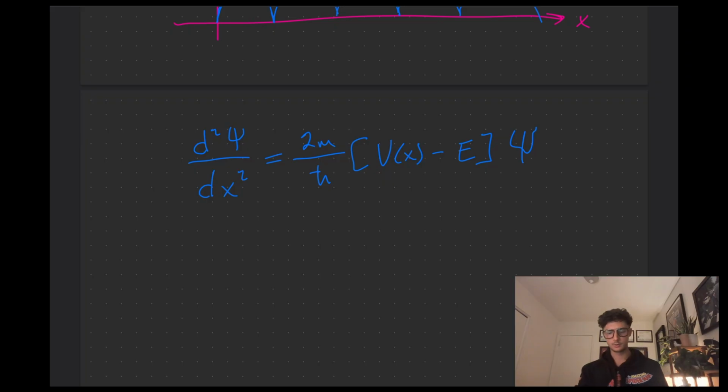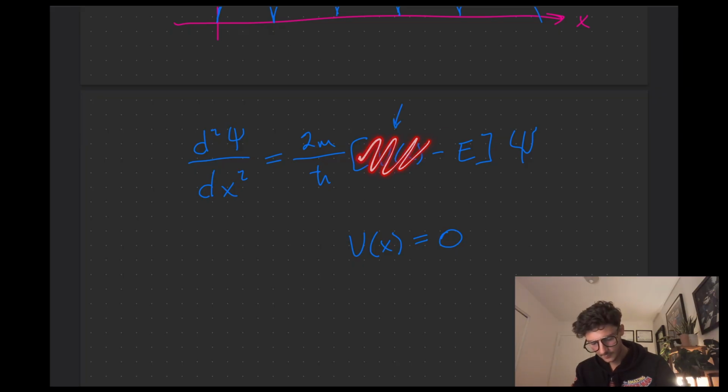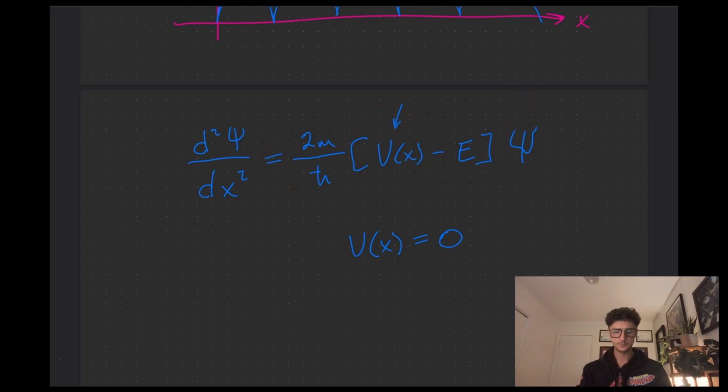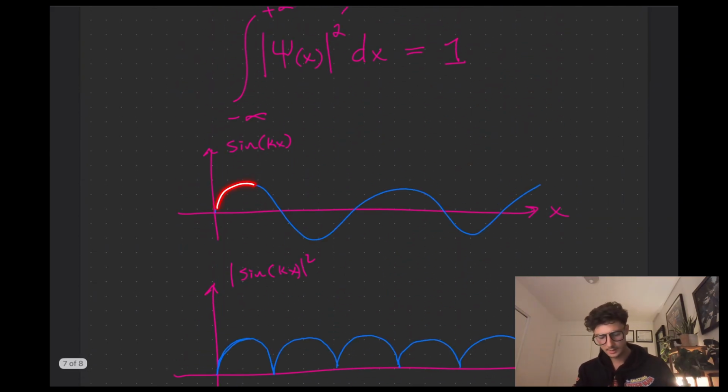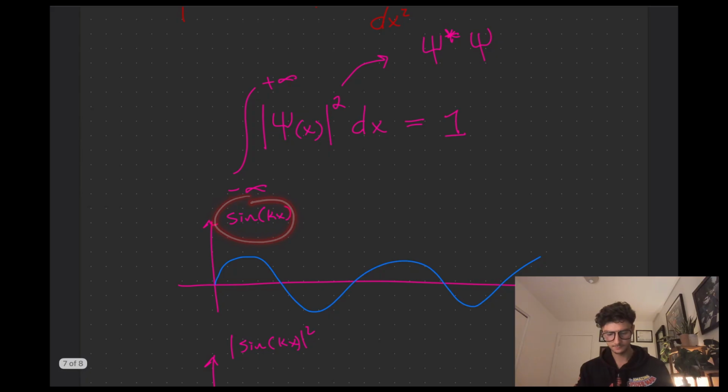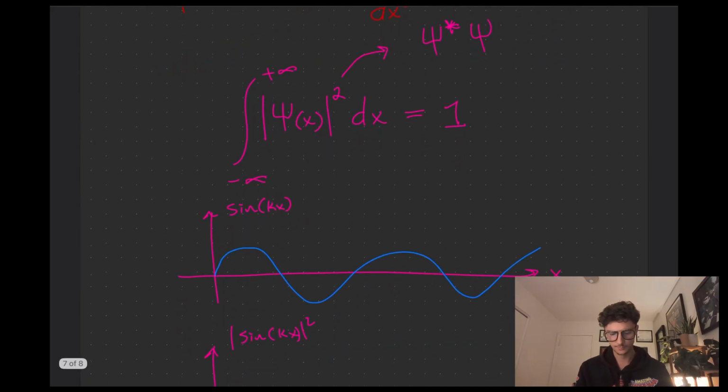In the free particle and the particle in a box, there are regions where V of x is equal to 0. So if you plug 0 in here, then this term gets removed. There's a minus E. So everything over here you can rename k squared, and because of this minus sign, you get a minus sign in front of here. So the particle in a box gives you solutions in the form of sine waves, and the free particle does this as well.